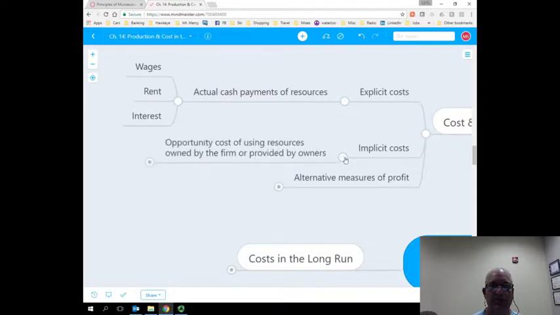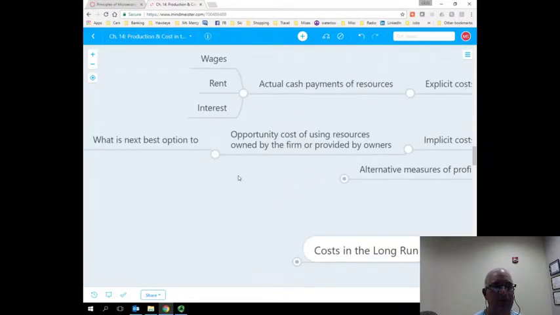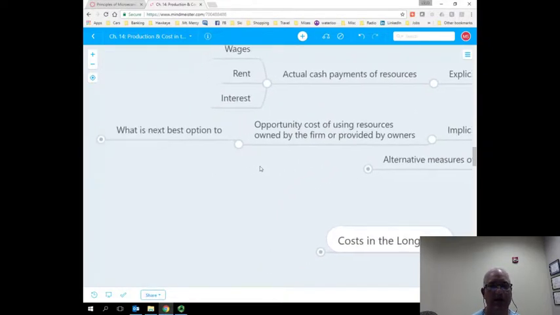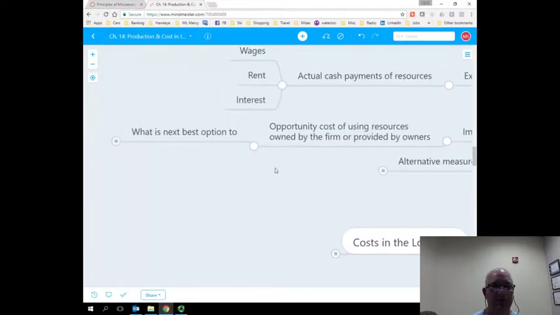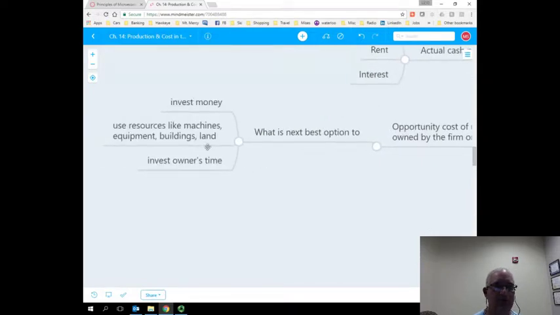Next, we'll look at implicit costs. Implicit costs are the opportunity costs of using resources owned by the firm or provided by owners. So with implicit costs, we're looking at the opportunity cost side of this. If you'll recall, opportunity cost is the next option to invest money, use resources like machines, equipment, buildings, land, or invest the owner's time.